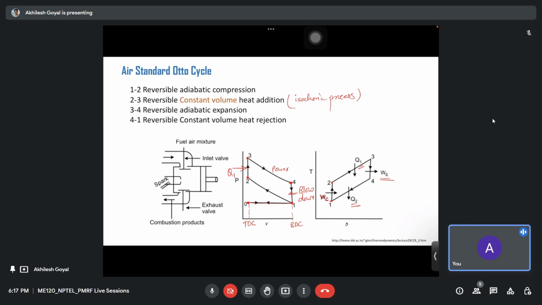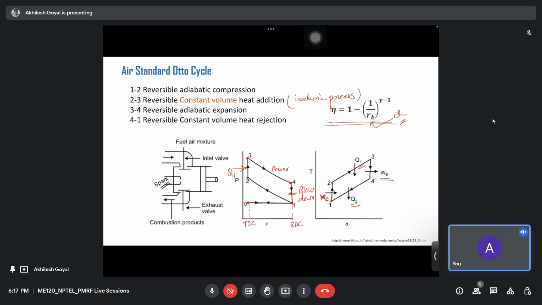This consists of two adiabatic processes, that is adiabatic compression and adiabatic expansion, and two constant volume processes, that is one heat addition and one heat rejection. And the efficiency of this cycle is given by this formula: the efficiency is 1 minus 1 by RK, that is the compression ratio we talked about, raised to power gamma minus 1.